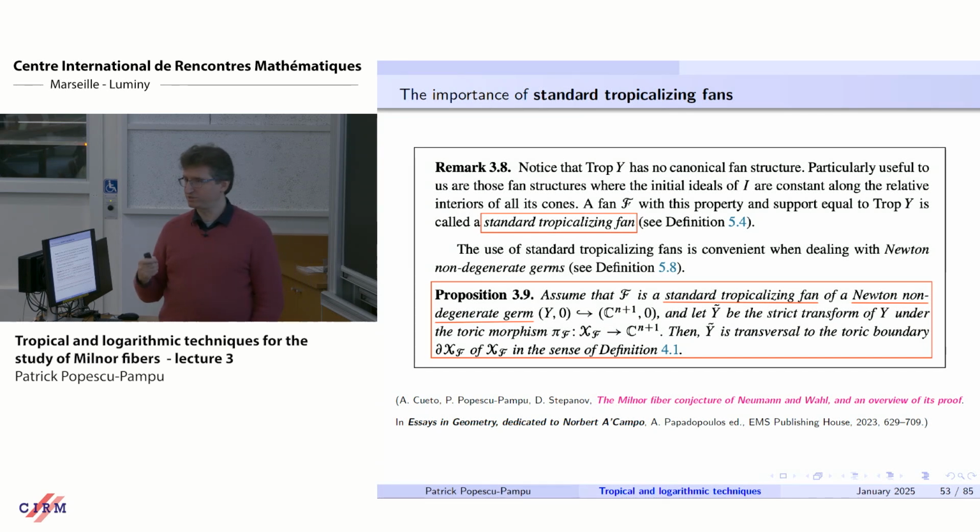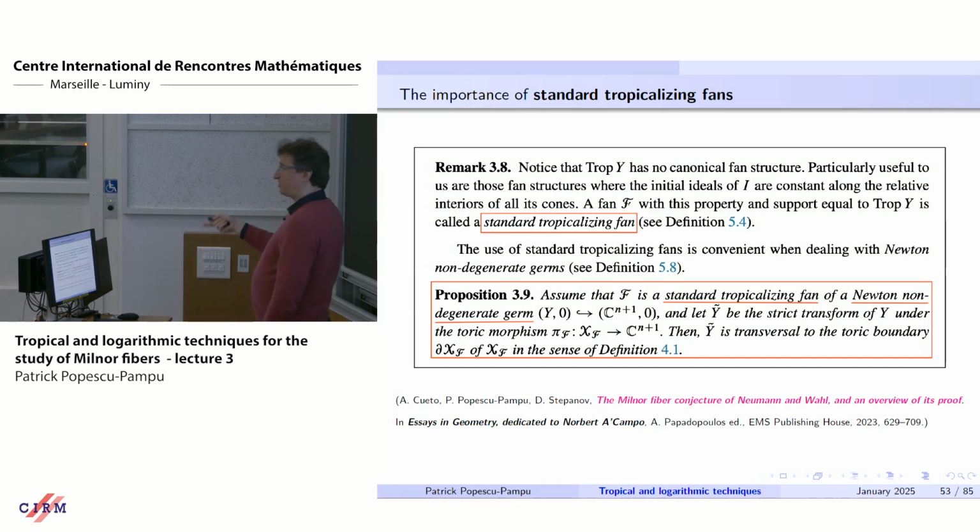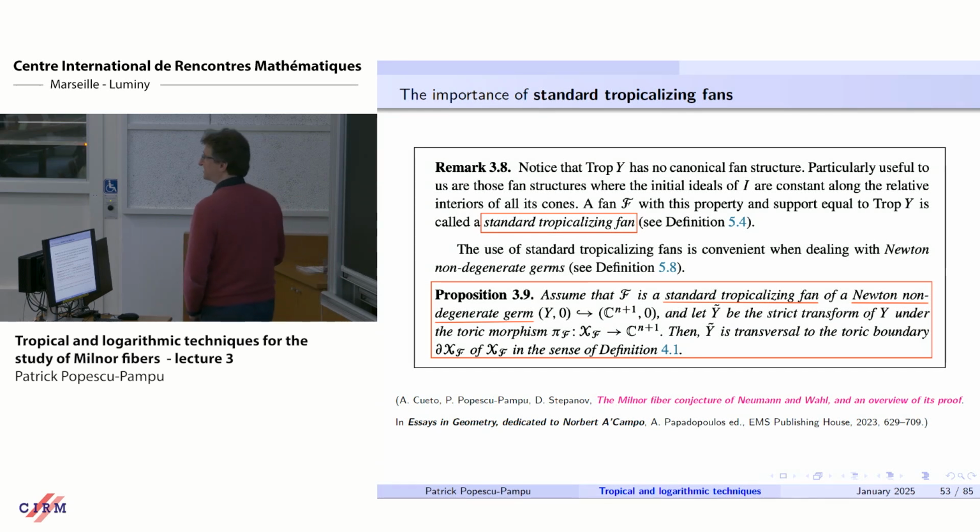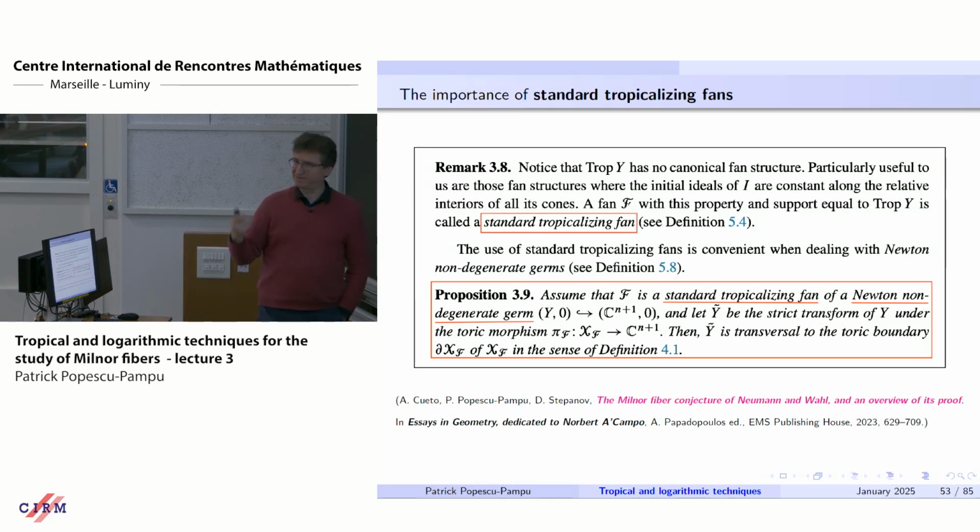Why did we choose this name? Because the way to prove that it exists uses standard bases. So here standard makes reference to standard bases, which are a local analog of Gröbner bases.